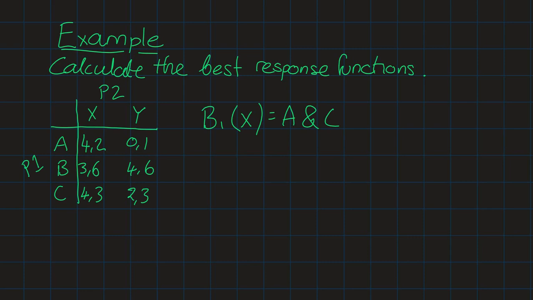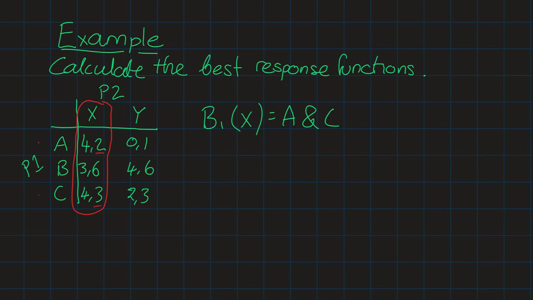Sometimes the best response doesn't just give you one answer, it gives you multiple answers. But that's perfectly fine. Another point I want to highlight is, in terms of the best response functions, A is just as good as C. Even though, I understand that if player 1 chooses A, then player 2 gets 2 points, whereas if player 1 chooses C, player 2 gets 3 points.